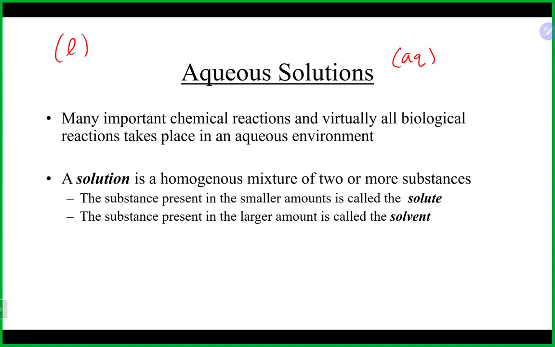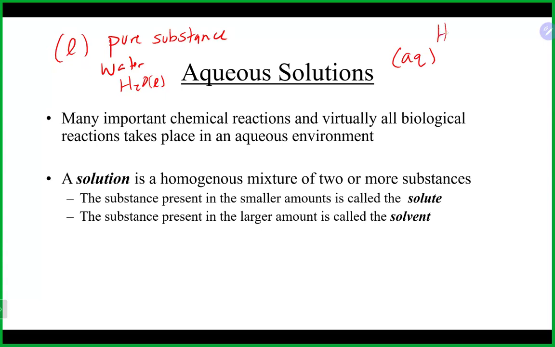Although they are both in the sort of liquid state, a liquid is usually a pure substance, like water, for example. So if you have water, that is a pure liquid. Aqueous, on the other hand, is basically a homogeneous mixture of two or more substances together. It's basically a combination of two things.